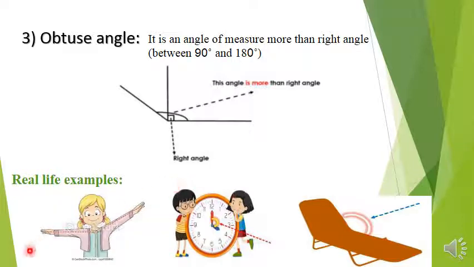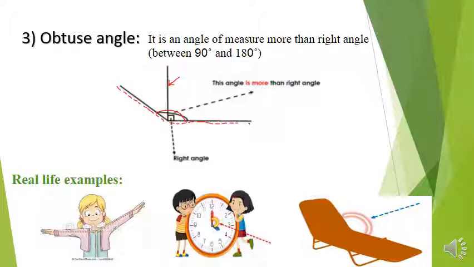While the obtuse angle is an angle which is greater than the right angle. This one is an obtuse angle. Look, it's greater than the right angle. This one is the right angle.